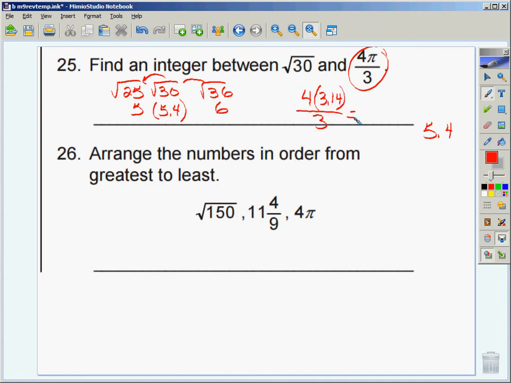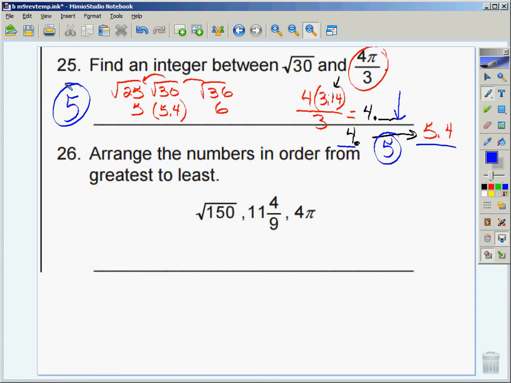Again, since I'm just estimating, if this pi had a value of 3, these would actually just cancel out. So 4 times just a little bit more than 1 would be 4 point, maybe 1, maybe 2, but 4 point and a little bit. So I'm looking at between 4 point something and 5.4 and asking myself, what integer exists in between these two places? And 5 does.